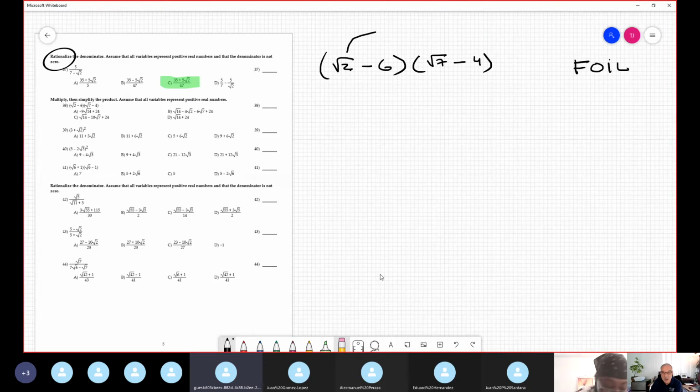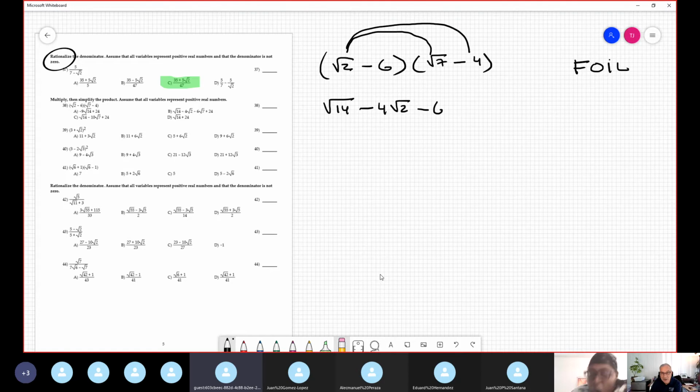First, radical 2 and radical 7 is radical 14. Outer, radical 2 times negative 4 is minus 4 radical 2. Remember, there is no possibility to multiply number inside the radical and number without radical. Inner, this is minus 6 radical 7. Last, outer and inner is positive 24.